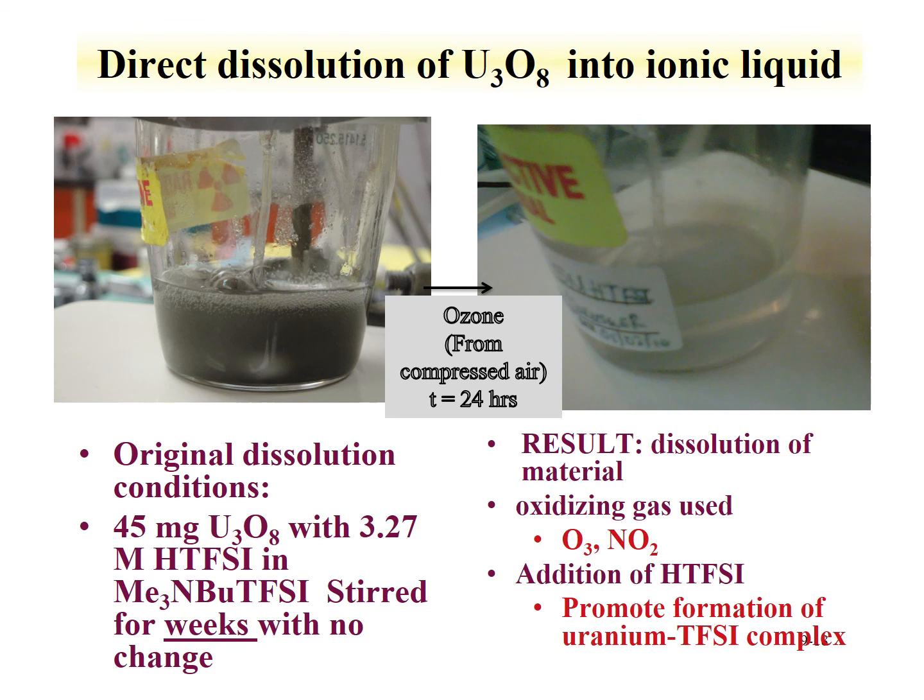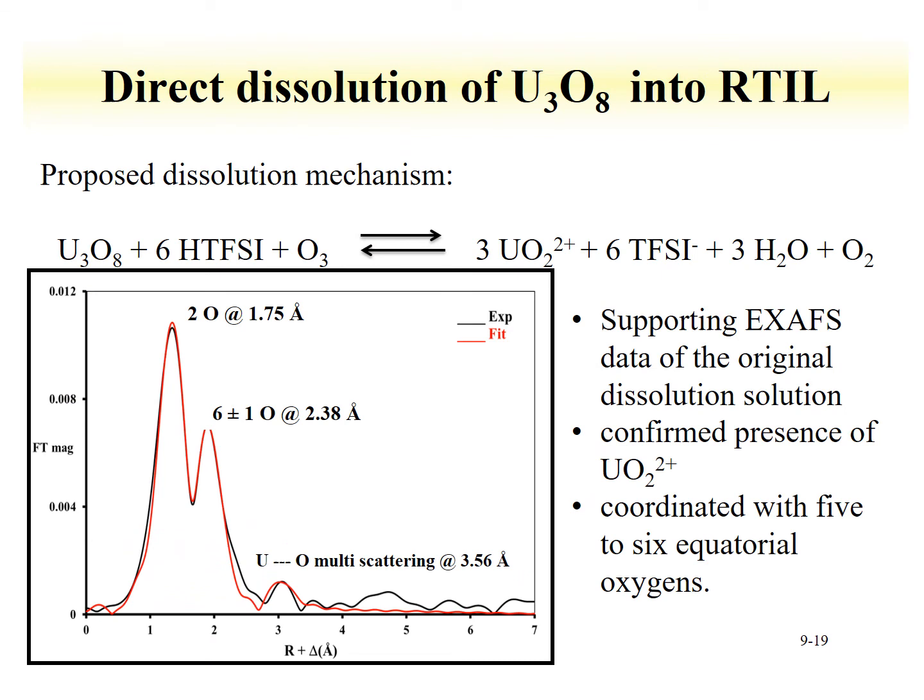And here's an example of some direct dissolution of uranium, where U3O8, treated with ozone, goes from being a solid to a solution phase. We get a dissolution of the material. Then evaluation: we did UV-vis spectroscopy, and here's some XAFS data of the uranium where we see these two oxygens.